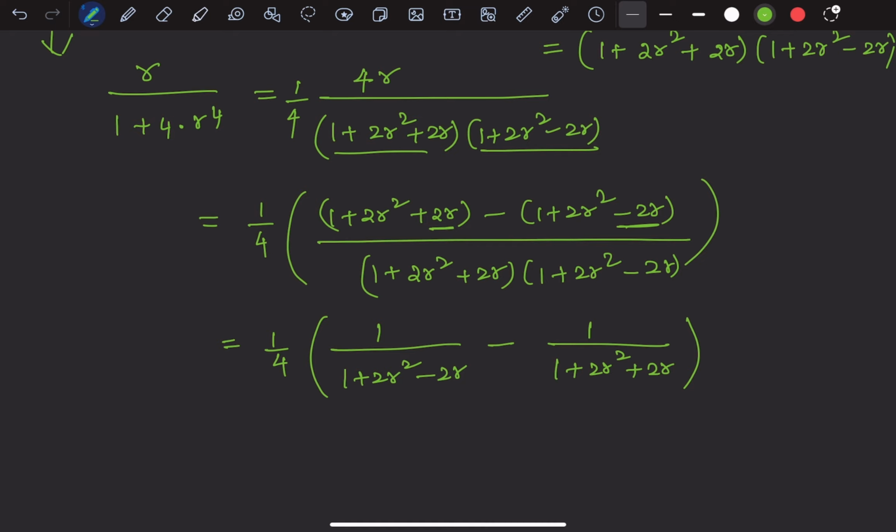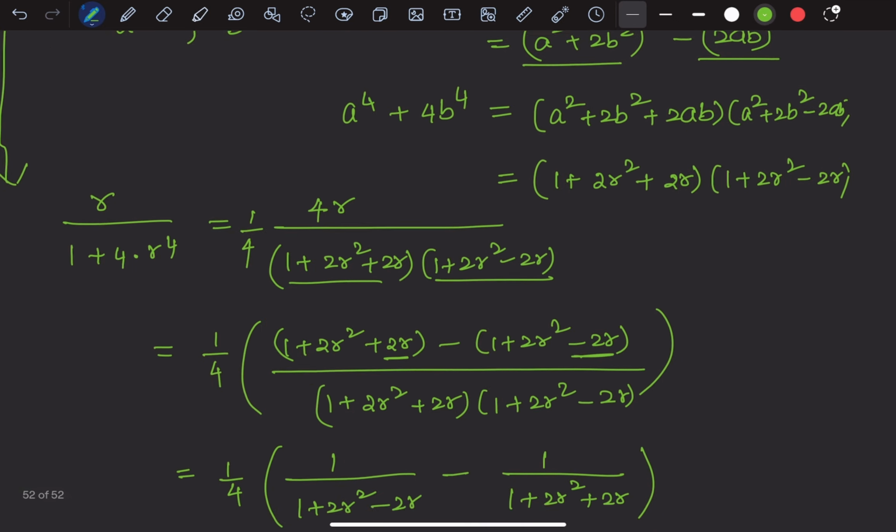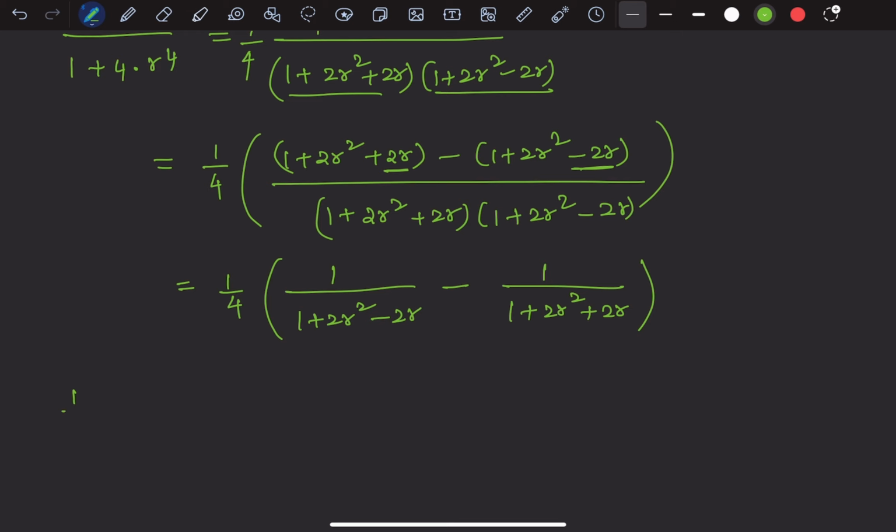So you have 10 terms, so your r runs from 1 to 10. When you put r is equal to 1, you will get 1 by 1 minus 1 by 5. When you put r is equal to 2, you will get 1 by (1 + 8 - 4) minus 1 by (1 + 8 + 4).